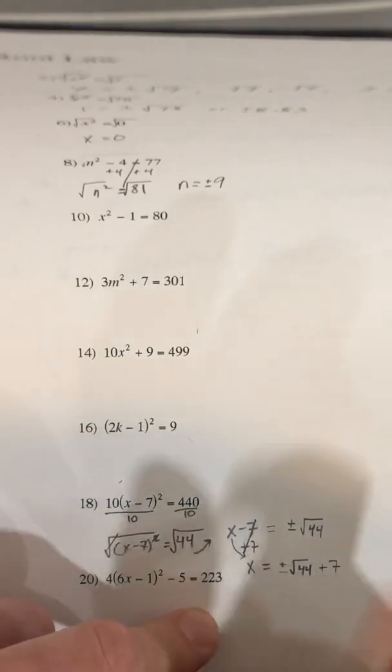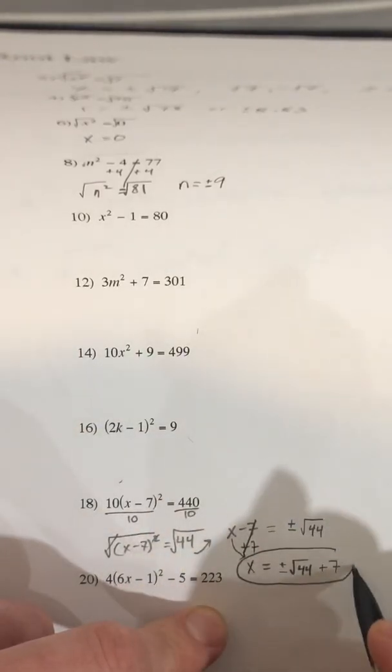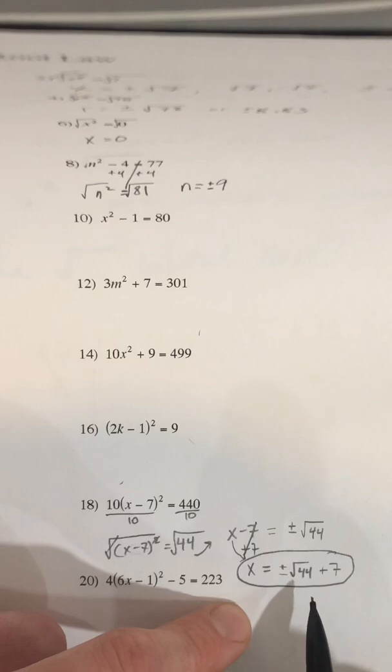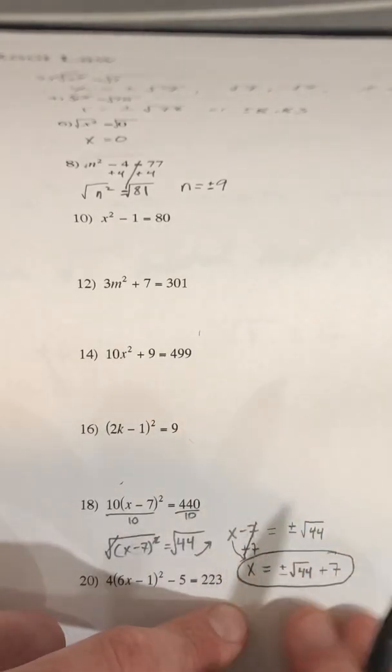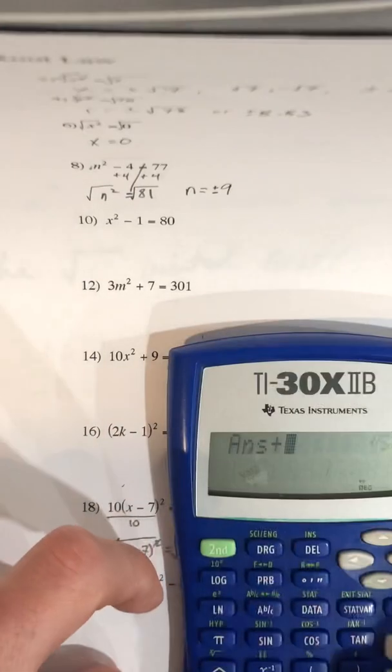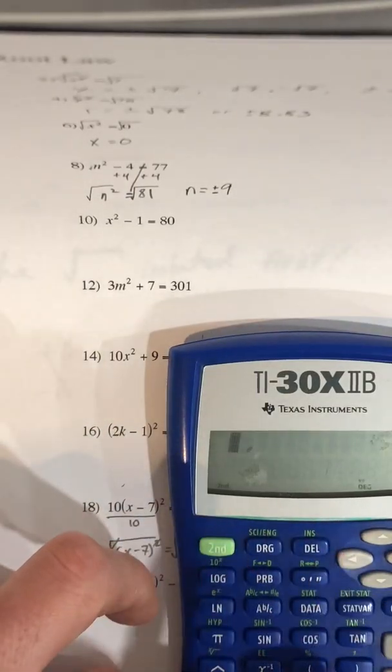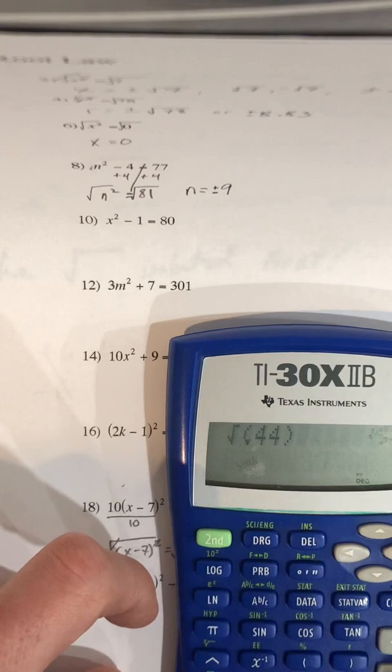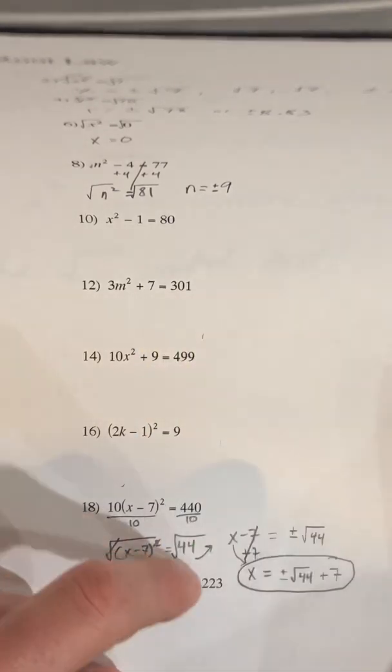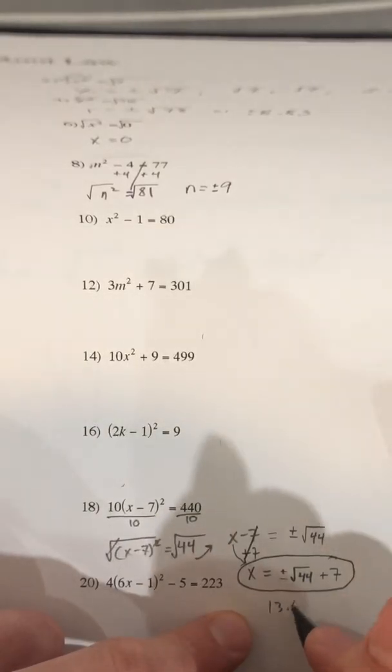Now, you can leave this as an answer. This is totally 2 answers, okay? There's really nothing wrong with this answer. If you want to know what this looks like, the square root of 44 plus 7 is 13.63.